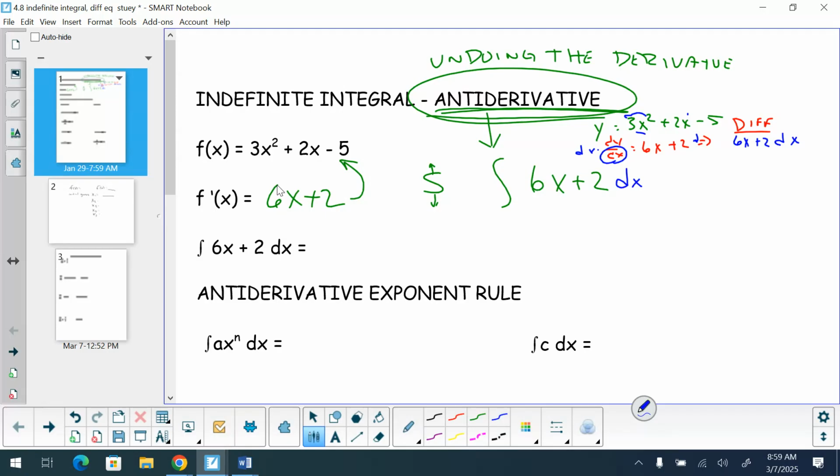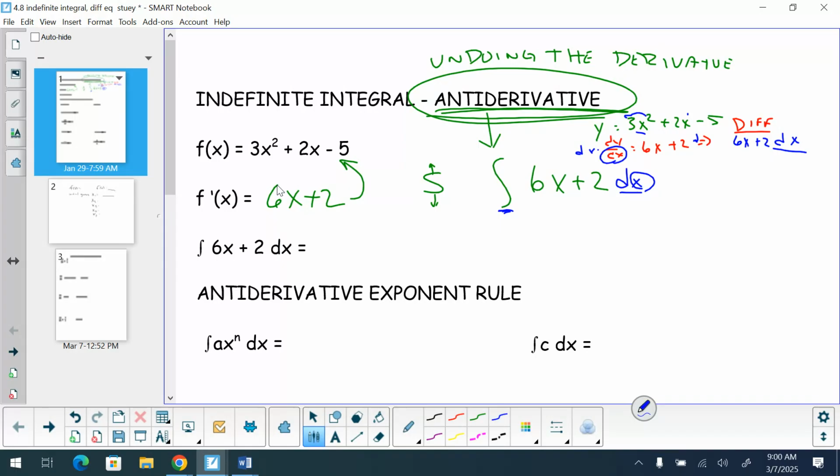So we're using all of our derivative rules on the x variable. Well, throwing the dx at the end, with respect to the differential, tells us we're going to take the antiderivative and apply all these rules to the x variable. So what we're left with is the antiderivative of 6x plus 2 dx. And we want to be able to go back to where we started from.